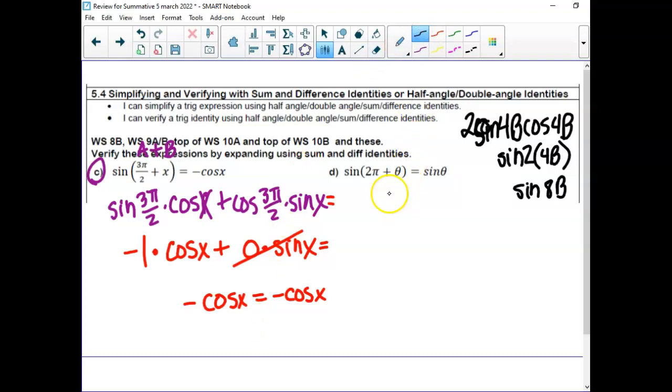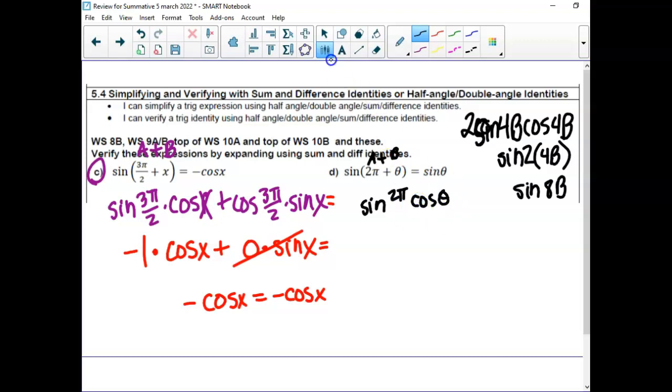I don't know why, but this is the same theorem, isn't it? Isn't it sine a plus b? It's not a theorem, it's an identity, but I used the same one twice, I guess. But the sine of 2 pi plus theta, for the a and the b, would be sine of 2 pi cosine of theta.